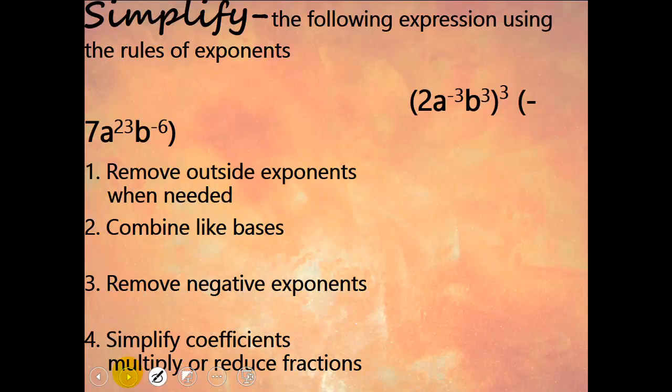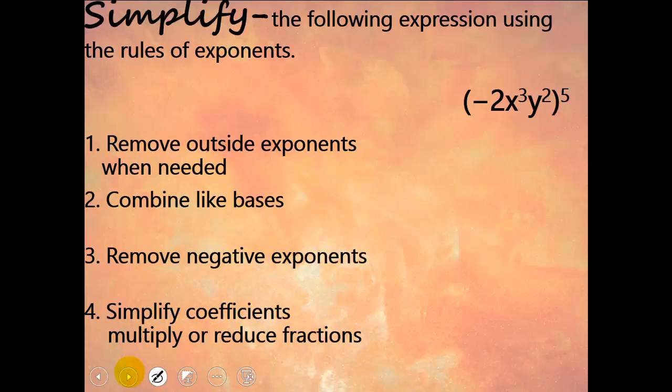I'm going to skip this one because it's scrunched over. Let's try this one here. I have negative 2 x cubed y squared all raised to the 5th power. So you always want to remove those outer exponents. So I get negative 2 to the 1 times 5, x to the 3 times 5, y to the 2 times 5.